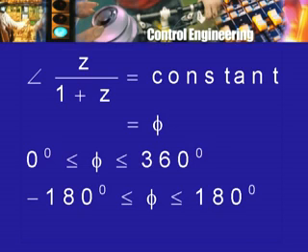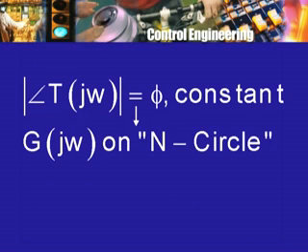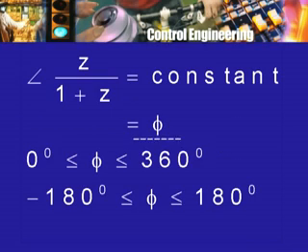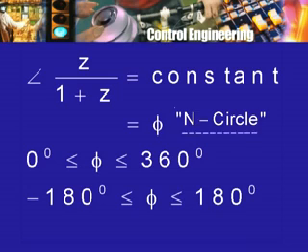Now, because the earlier circles were called M circles, M for magnitude, people called these N circles. So, for each value of the phase shift of the overall transfer function, there is a circle or an N circle. So, there is another contour map, so to speak, for the phase shift.